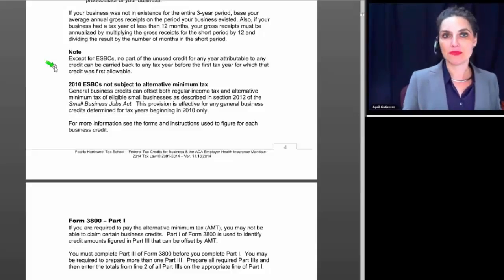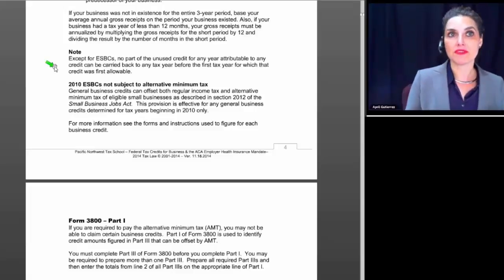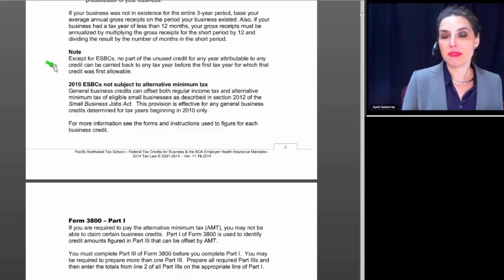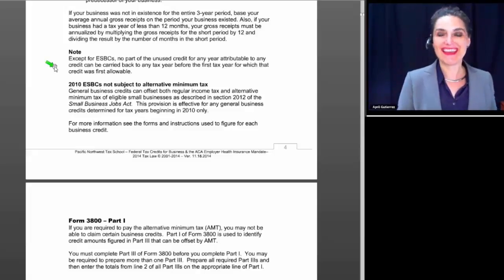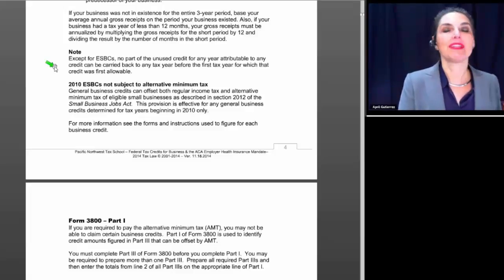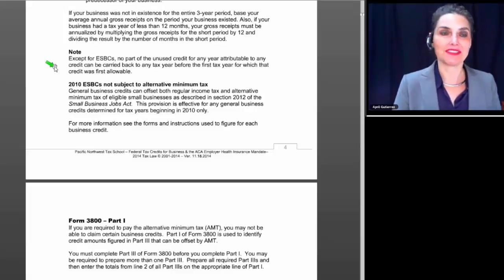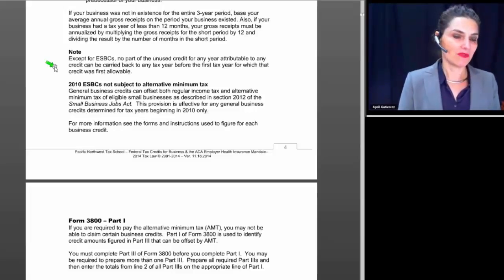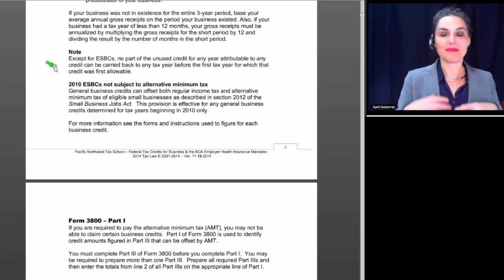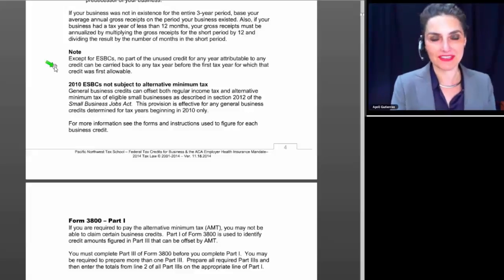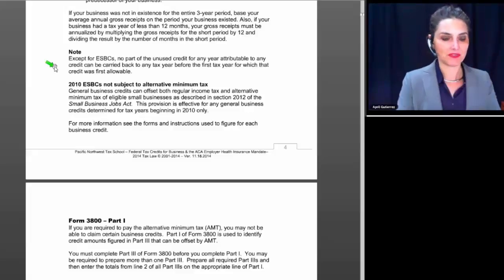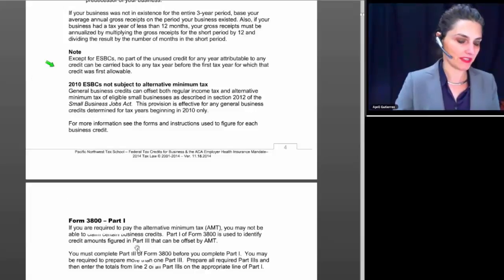Any other type of business was allowed only a 1-year carryback, and other than 2010, any business that meets the definition of an eligible small business only has a carryback for 2010 that goes back 5 years, and only applicable against the alternative minimum tax for credits that were generated in 2010. So 2010 is just a very specific window in time that got some tax benefits.